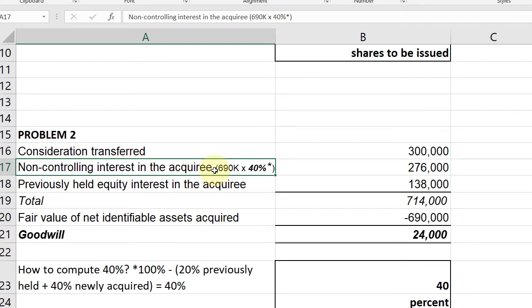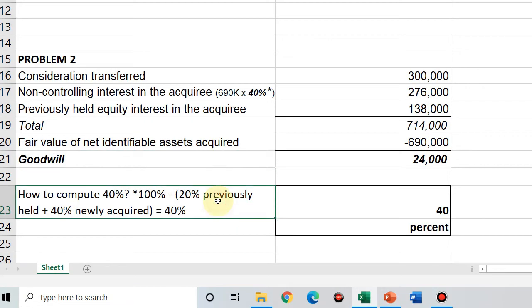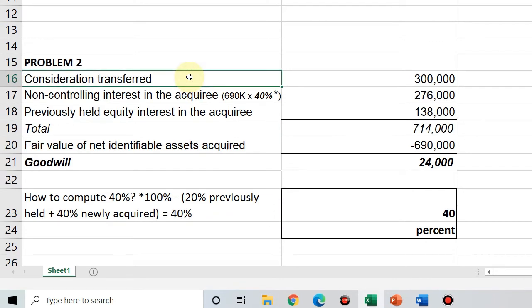Tapos, on January 1, 20x1, nag-acquire ulit siya ng 40%. Ibig sabihin, ano ang kanyang bagong interest? You have 20 plus 40, newly acquired, you have 60.